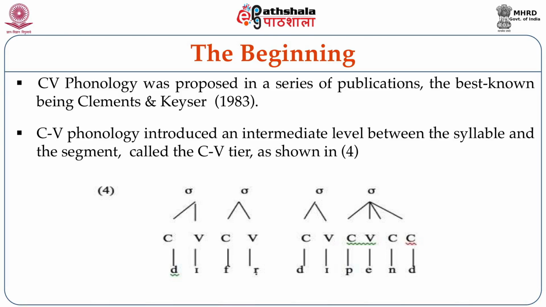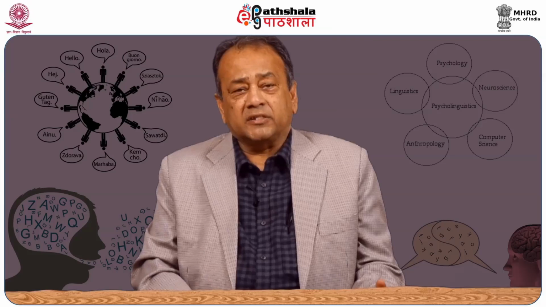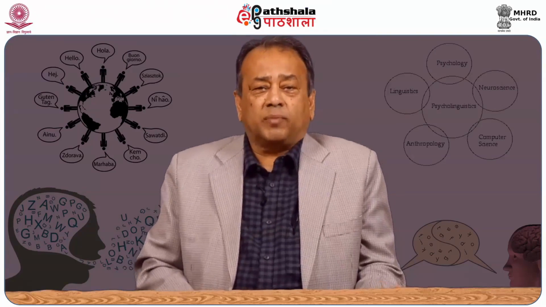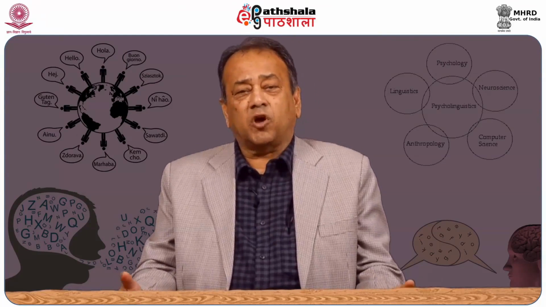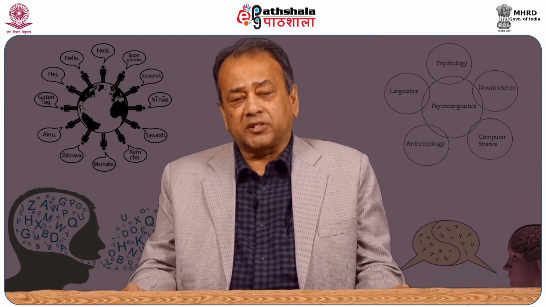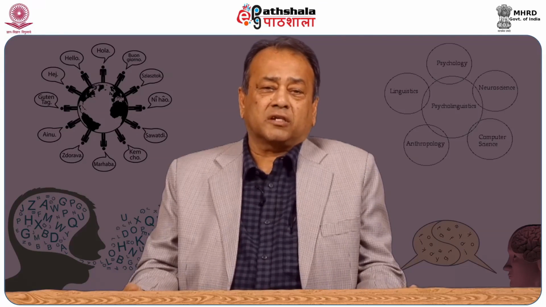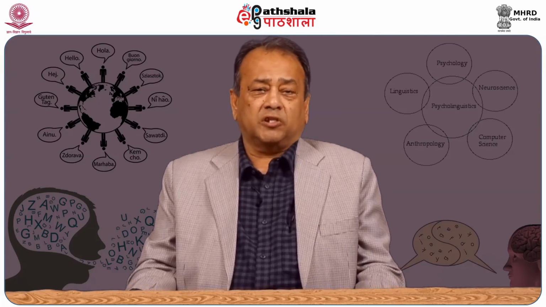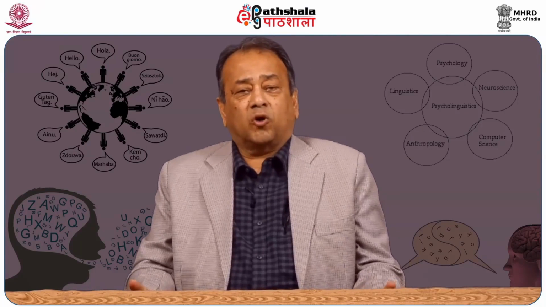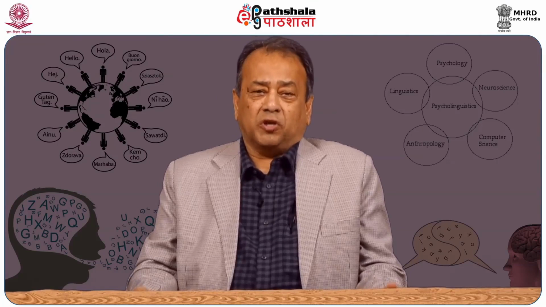What we mean by this is that a phenomenon which applies at the CV tier need not apply at the segmental tier, and vice versa. A phenomenon that applies at the segmental tier need not affect the CV tier. That's how CV phonology is an autosegmental theory of phonology.